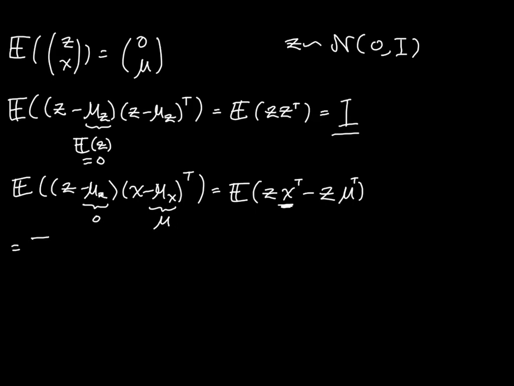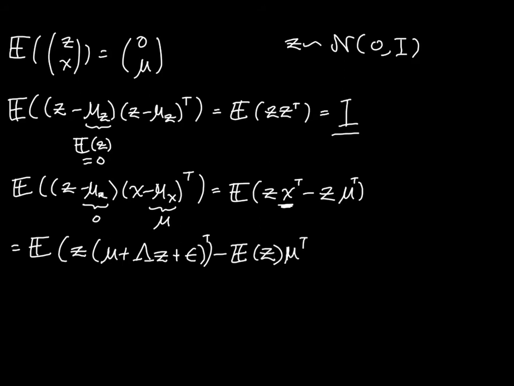So first we get the expectation of z, and then the expanded value of x is mu plus lambda z plus epsilon transpose, minus the expectation of z mu transpose, right? Because expectation is linear. And now we know that this is 0, right? That means that this entire thing is 0. Now we can break this up into a little bit more terms.